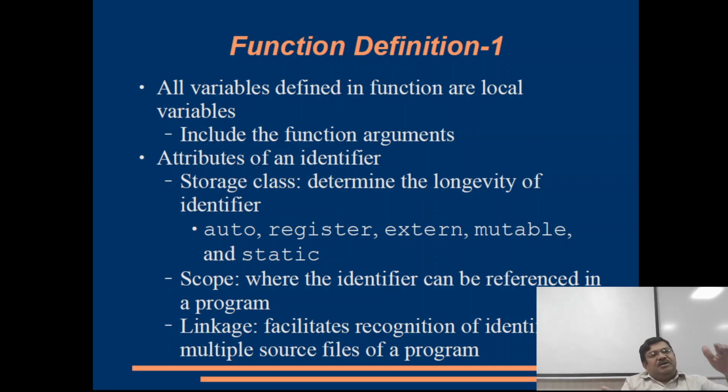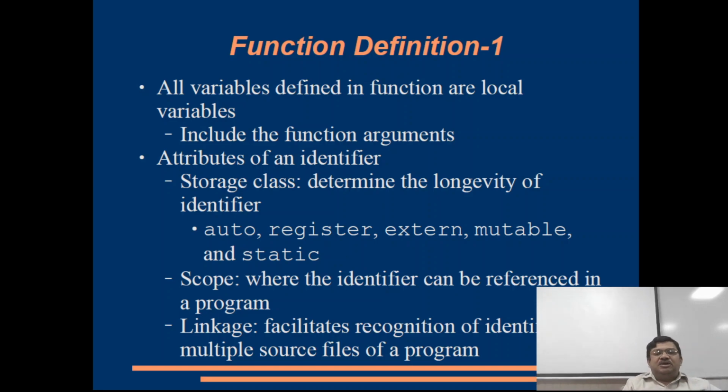But then the life of the identifiers is of course defined by the matching pair of braces. One opening brace and one closing brace. Whatever identifiers are defined in between these matching pairs, that is the scope of those identifiers. Those identifiers are not available outside those matching pairs, right?